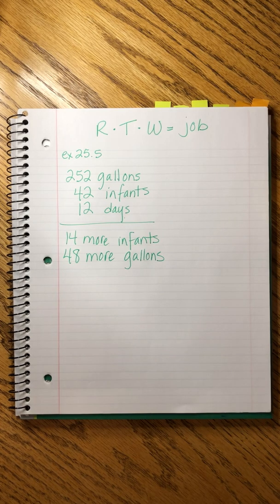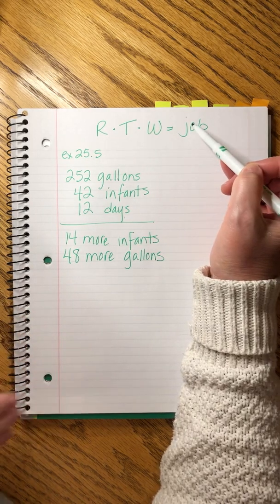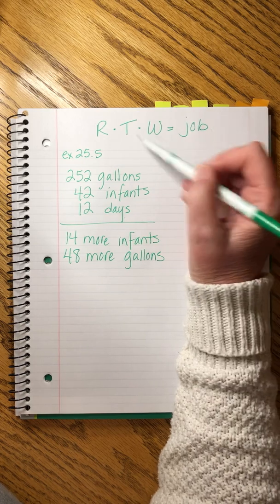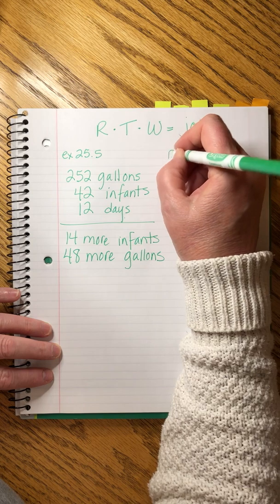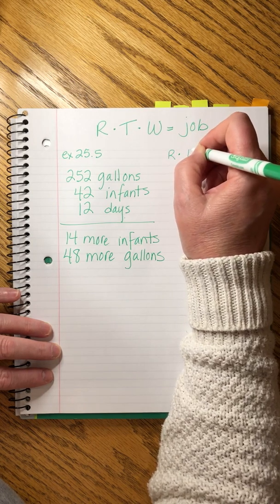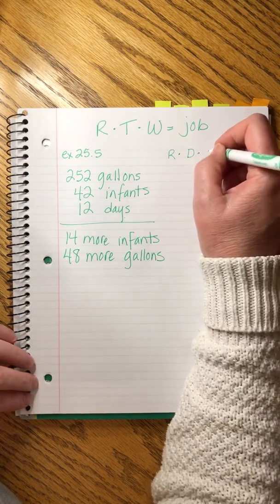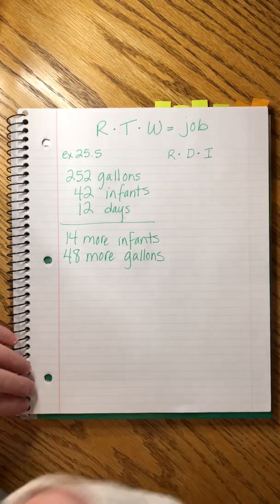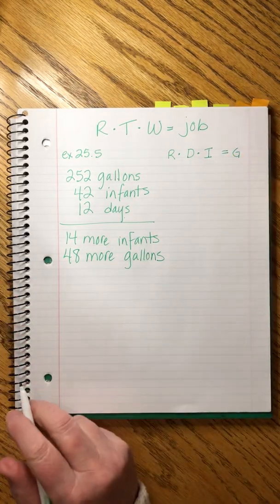The first thing we have to do is adapt our formula to take into account the specifics of our scenario. The rate at which they drink times the number of days which they're drinking it times the number of infants that we have will determine how many gallons of milk we need.